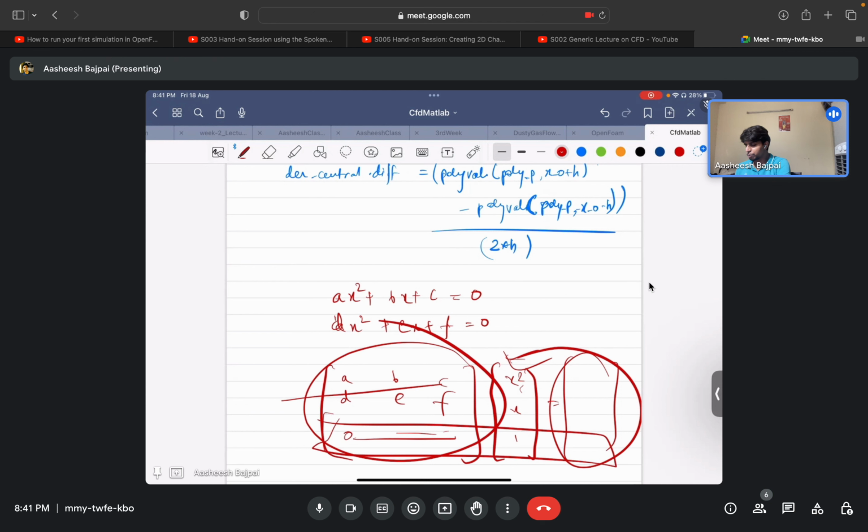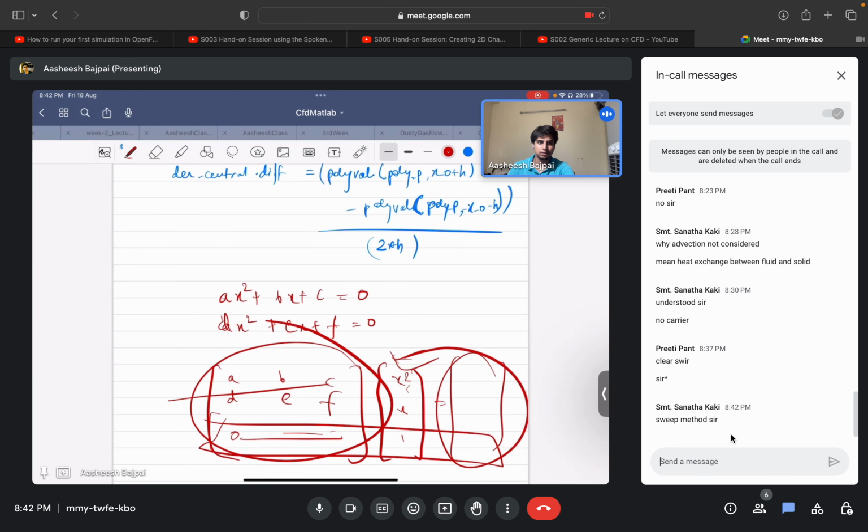Next is that the sweeping method of the Thomas algorithm will come into the picture. I have done it already in one of my previous sessions, not this year, last year. Sweep method is that Thomas algorithm, I think.